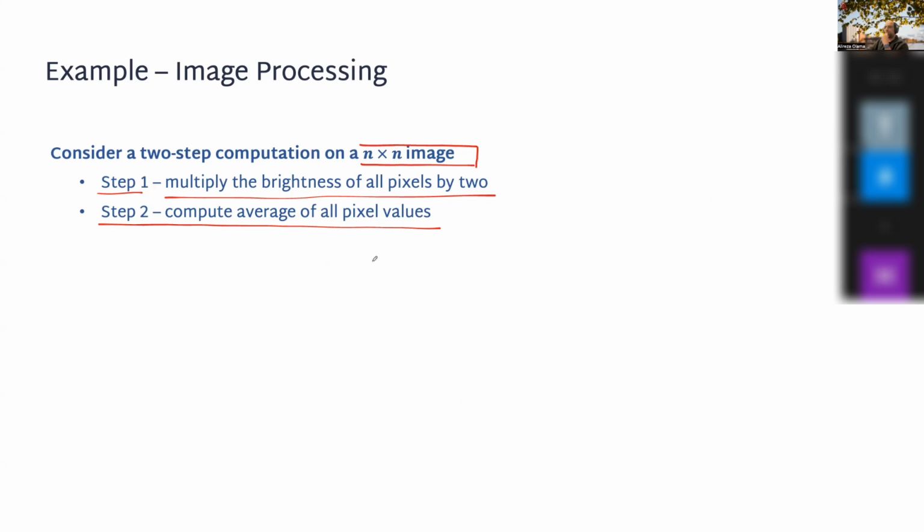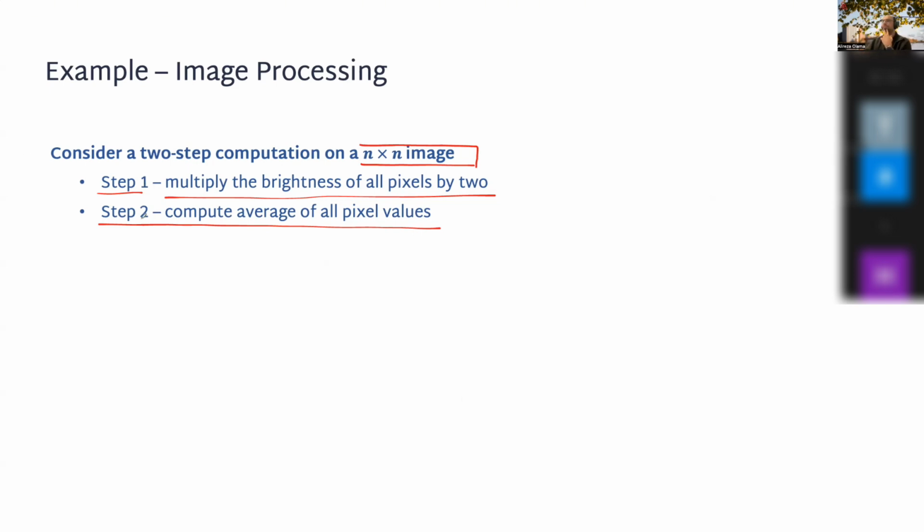So is that clear? What is the time complexity of each step if you have an n by n image? Give me the time complexity based on the input size. N to the power of 2.